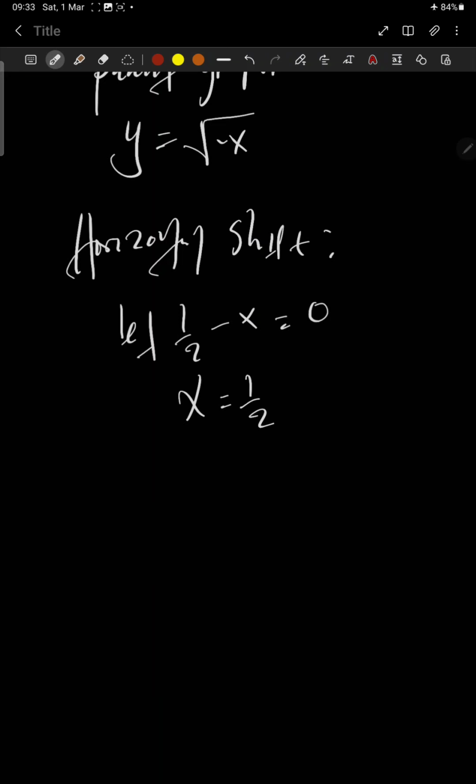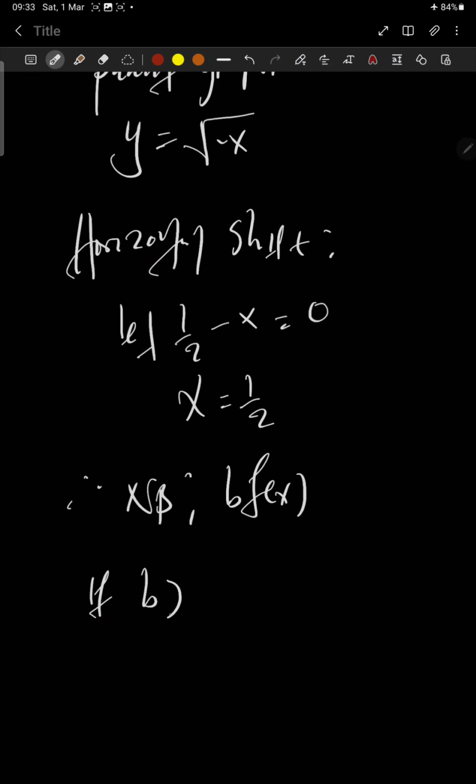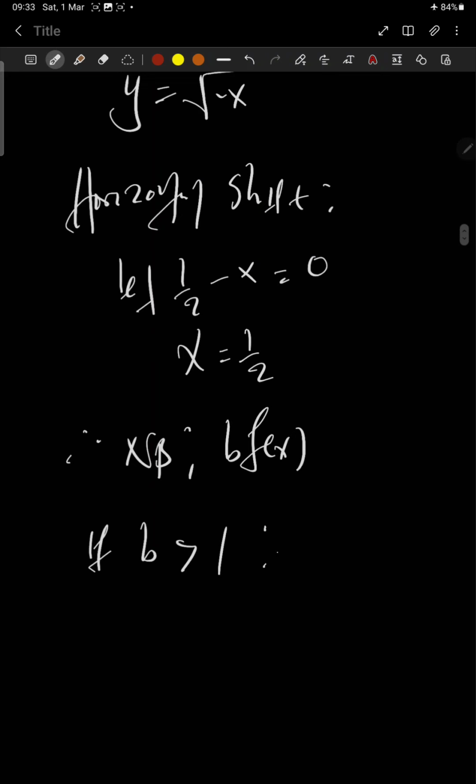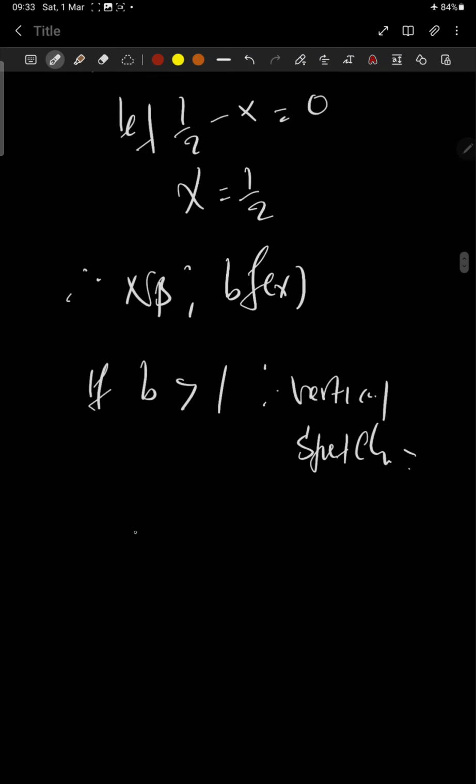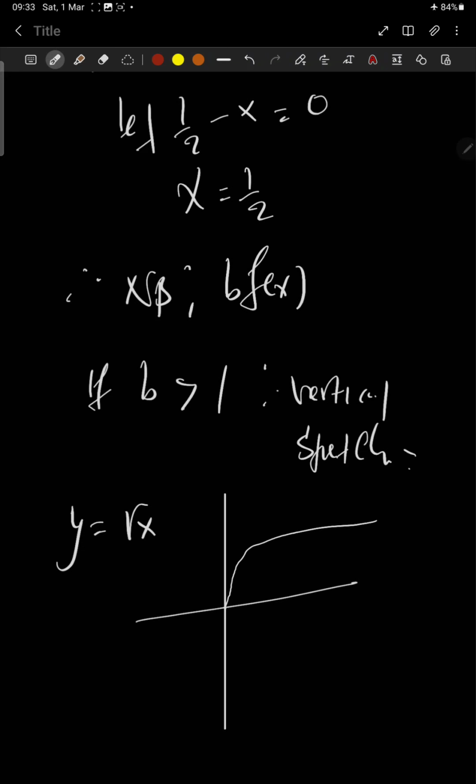That's how it works. Okay, then secondly, if you have b f of x, all right, if I'll say b is greater than 1, meaning you're going to have a vertical stretch. All right, by vertical stretch I mean, let's say for instance y is equal to the square root of x. I'll sketch it. It'll be something like this.